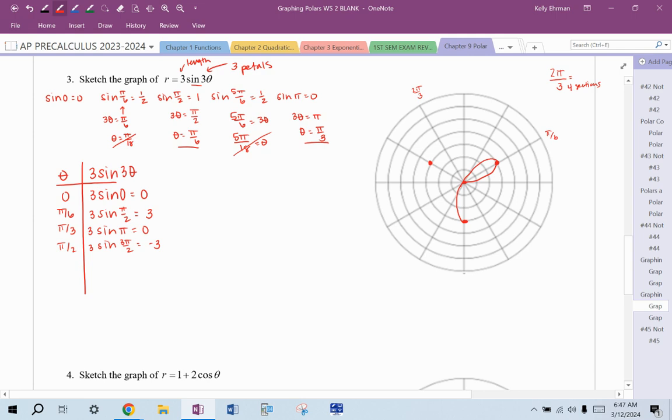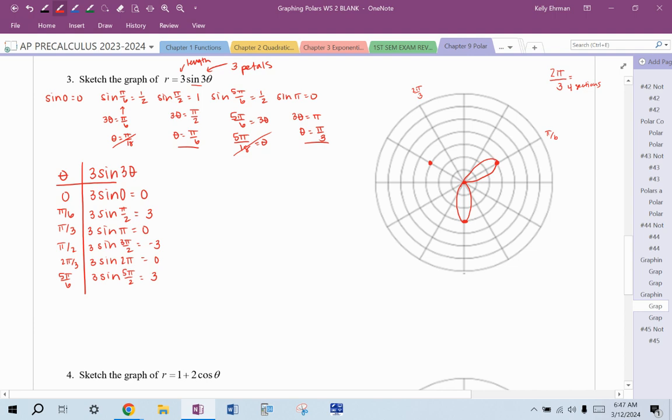Okay. And then we plug in 2 pi over 3. That's going to be 3 times the sine of 2 pi, which is 0 again. So back here, I think this is working. And then 5 pi over 6. That's going to be 3 times the sine of 3 times 5 pi over 6, which is 5 pi over 2. 5 pi over 2 is the same position as pi over 2. So that's 3 times 1.